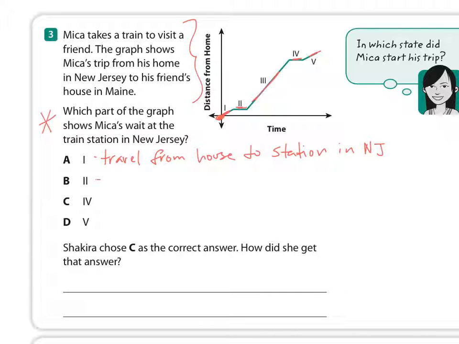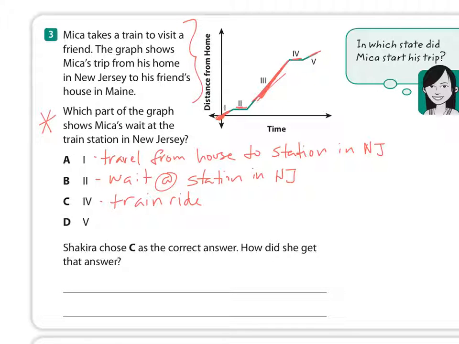Here's our temperature. It starts here and goes up over a period of time, steadily. Section 2, temperature decreases for a few hours. We see the temperature staying the same, so that's false.